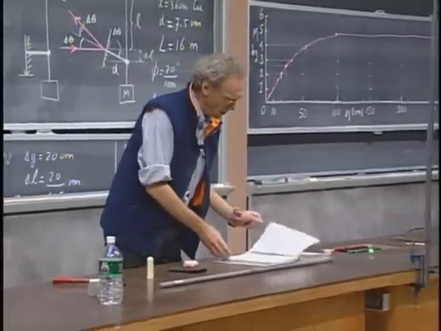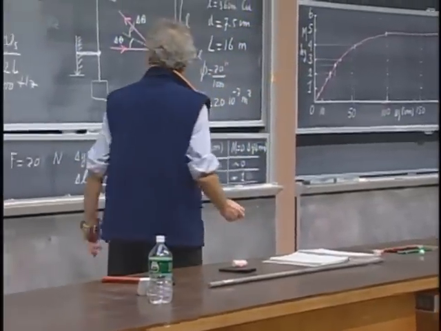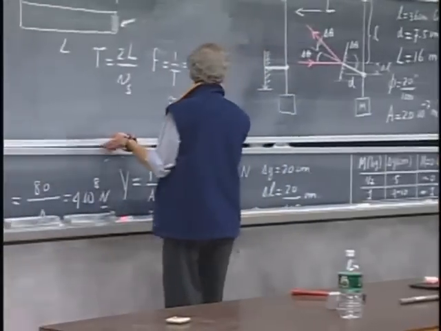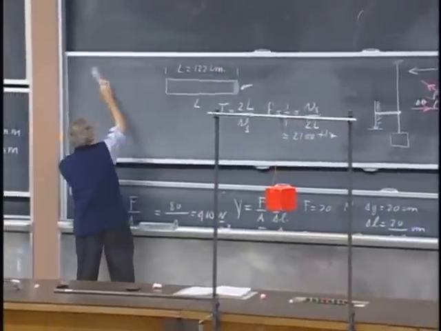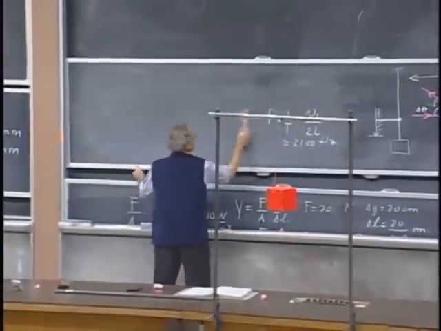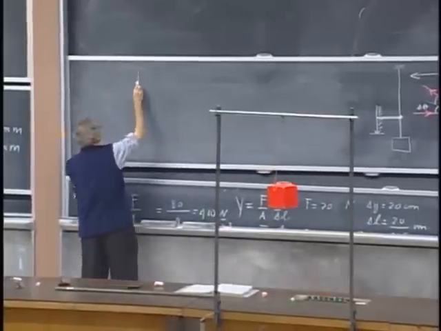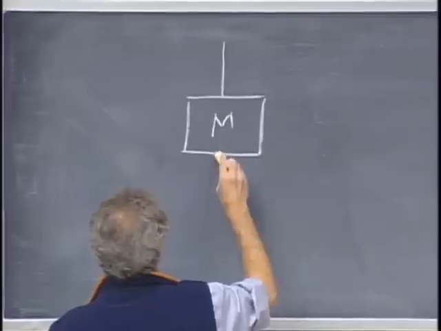Remember earlier in the course that we were wrestling with this problem. We had a block, and we had two strings attached to it. Here is one string, here is the block, and here's another string.